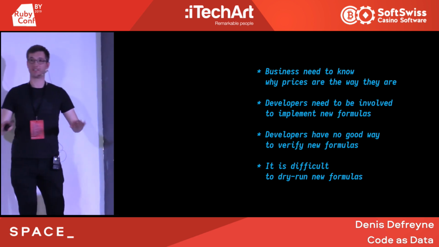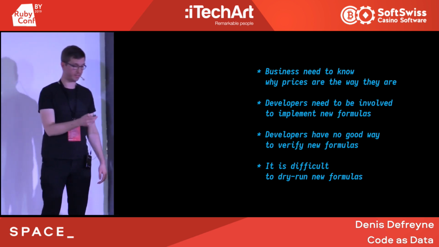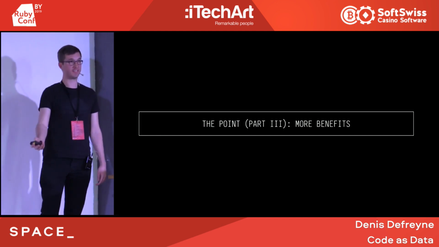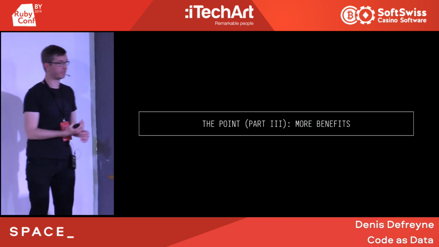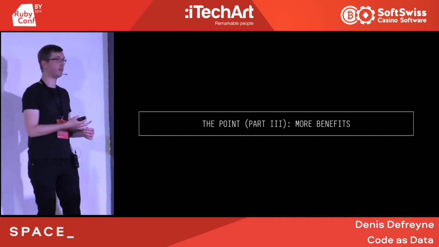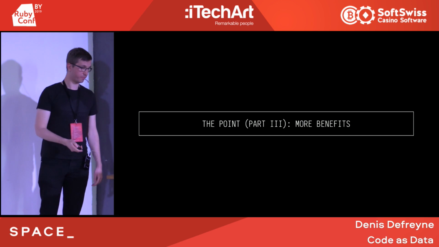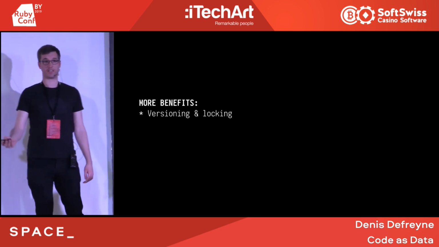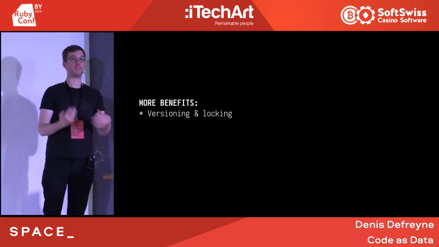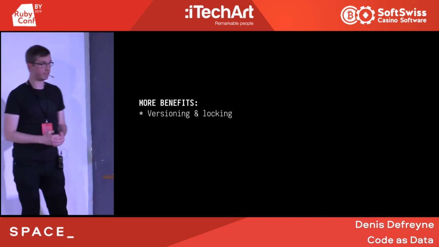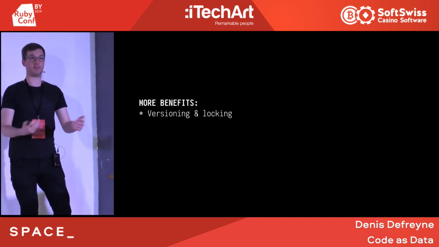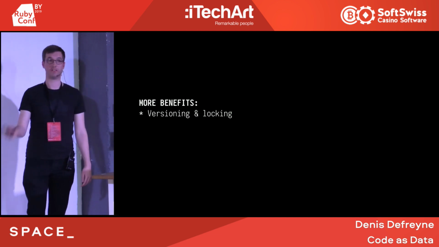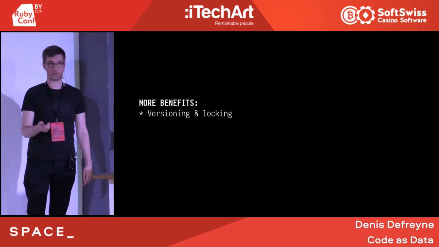And that's fine, that's good, but I have some more ideas. The point of treating code as data is not just that you can automatically generate a breakdown or build a UI for it, but there's some more items. For example, we can implement versioning and locking. What I mean by versioning is that every single formula that you store in the database, or whenever you update the database, you update the pricing formula, you store all the old versions of the formula so you can take a look at what the old versions were.